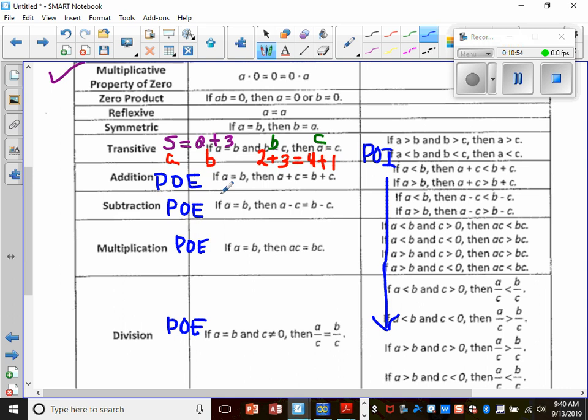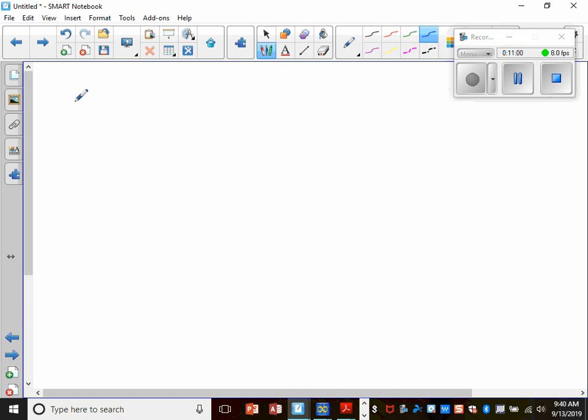So what does addition property of equality mean? Let me give you an example. I'm going to go to another page. If I had x minus 6 equals 10, a very simple one-step equation, and then I said, okay, let's solve this, you would need to add 6 to both sides.